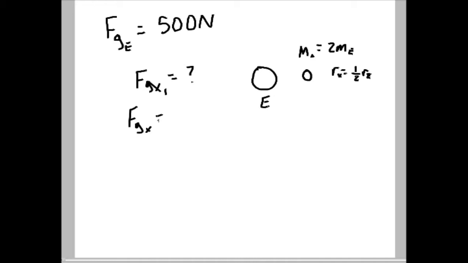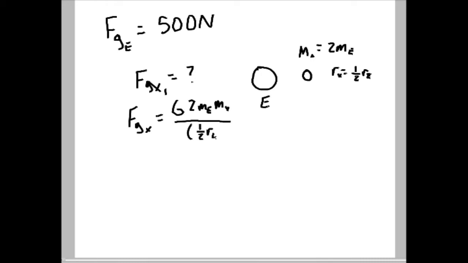So your weight on planet X. Well, again, it's going to be G, and then the mass of planet X is twice that of Earth. So I've got 2 times the Earth's mass. Now, my mass didn't change. And then I've got a radius on planet X of half that of Earth.